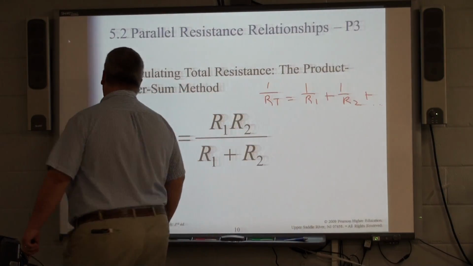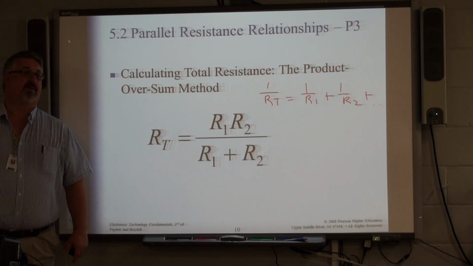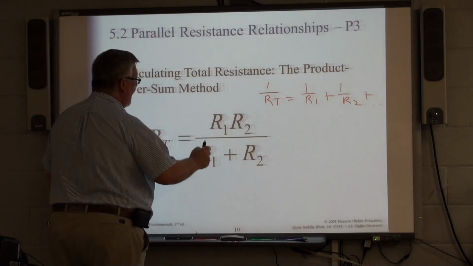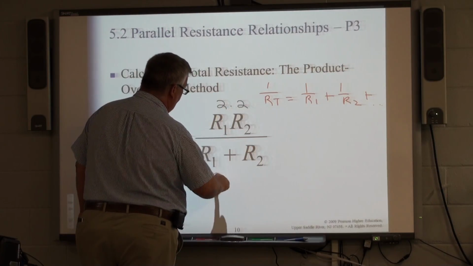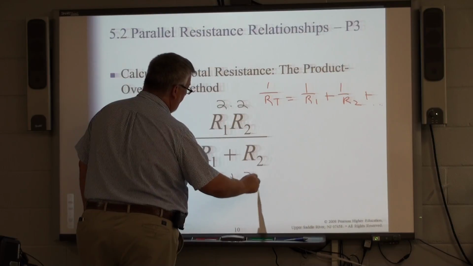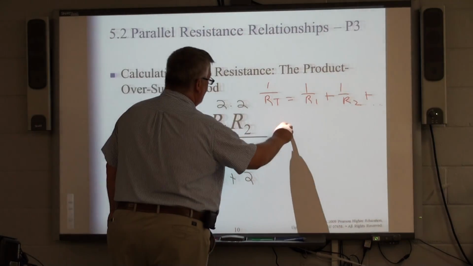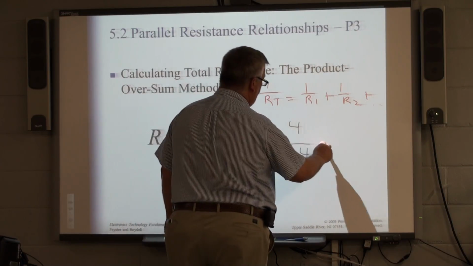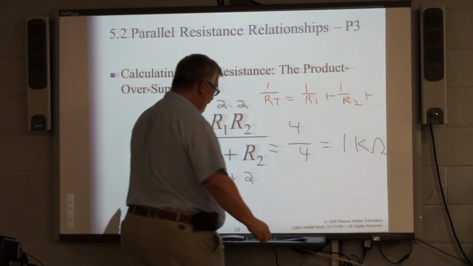This is also another one, but it only works with two. So if we say, for instance, a while ago, that was 2 times 2 over 2 plus 2. What's 2 times 2? 4. What is 2 plus 2? 4. What does that equal? 1. And this was all in K, so 1K.